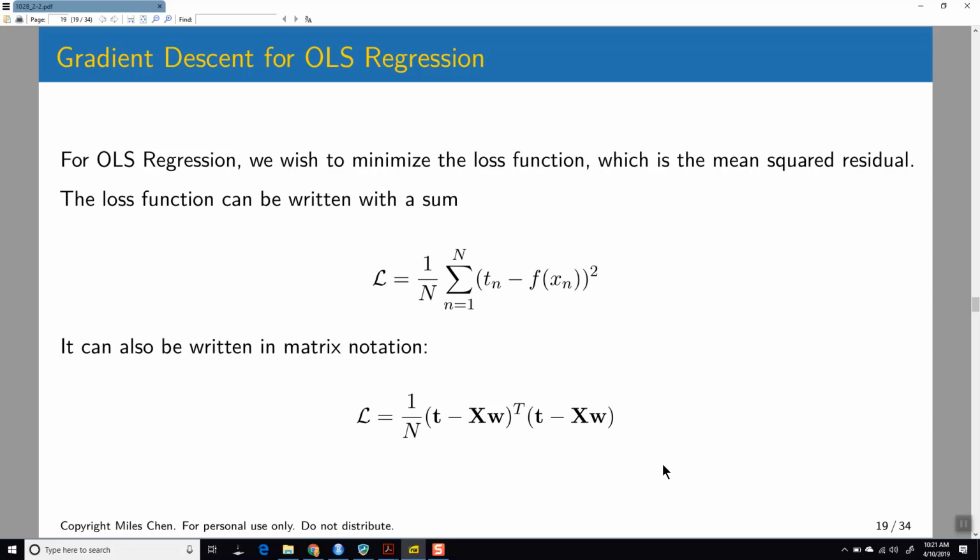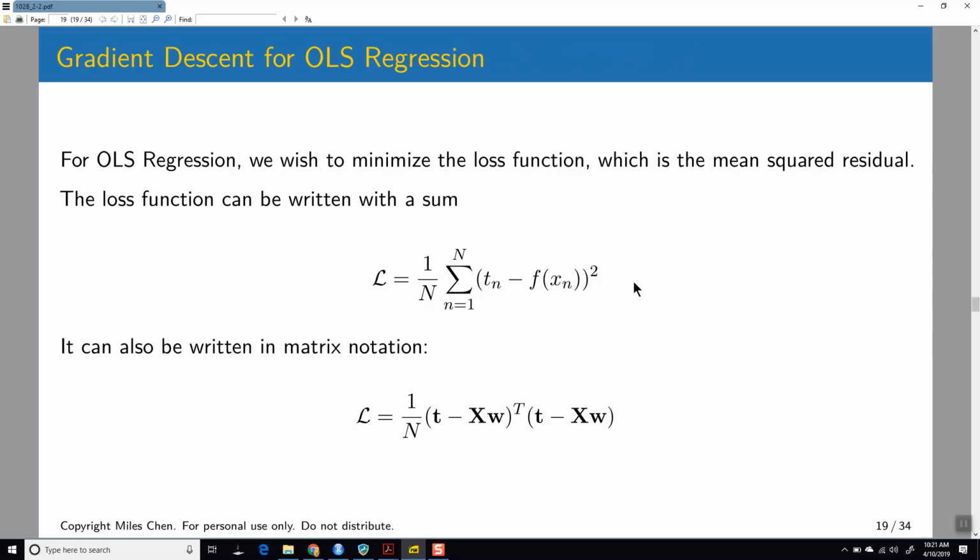The older lectures show exactly how our loss function can be written this way and this way, but here we've got our loss function, and I'll show you what gradient descent looks like in both forms, whether it's matrix notation or partial derivatives. Here we'll start with the partial derivatives.